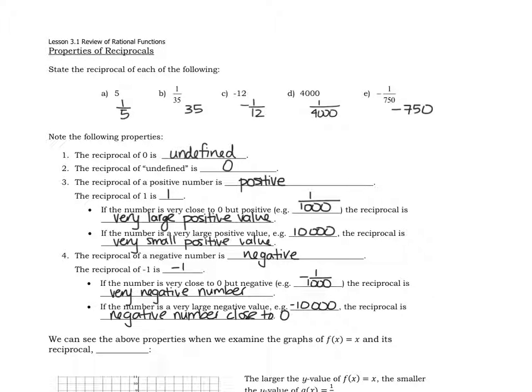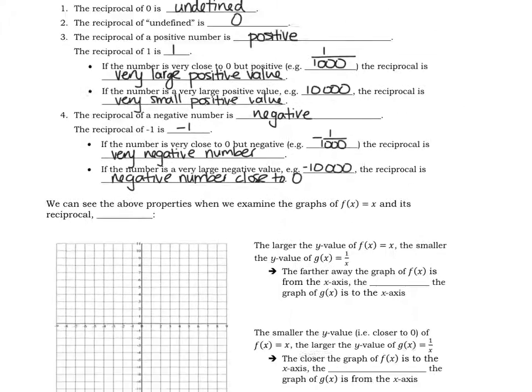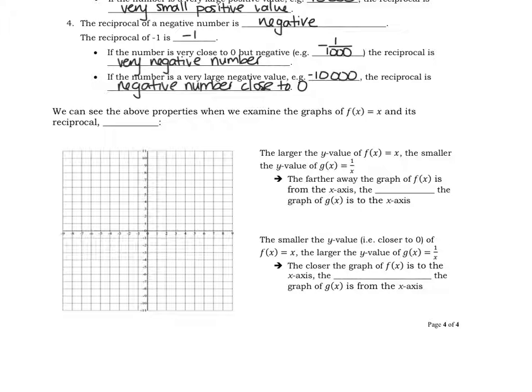So, looking at these properties of reciprocals, maybe it's a little bit hard for us to understand what this means. Let's look at this graphically. Okay. So in order to look at this graphically, we're just going to fill in the bottom half of this page now.